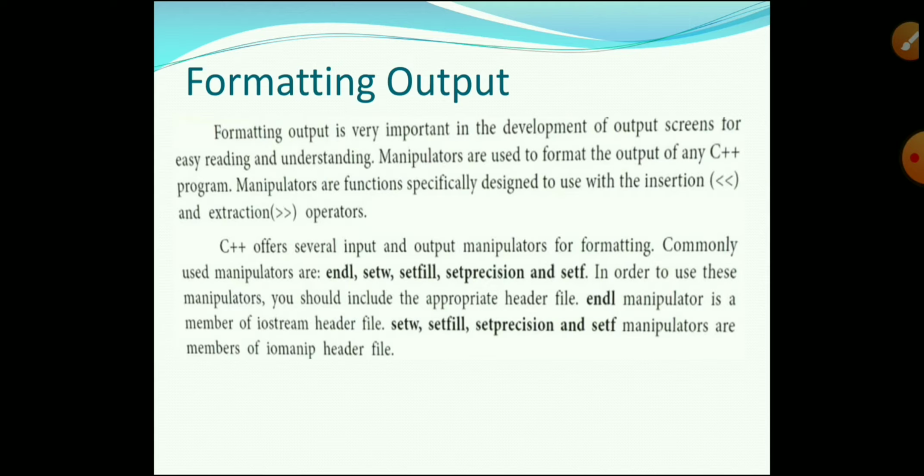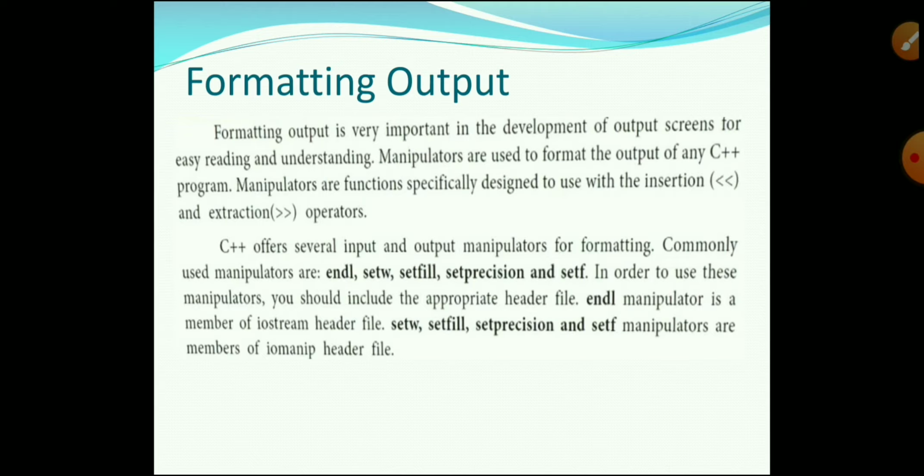In a C++ program itself, we have to change the output format. We have to use the keyword manipulator. Manipulators in a C++ program are used to format the output.